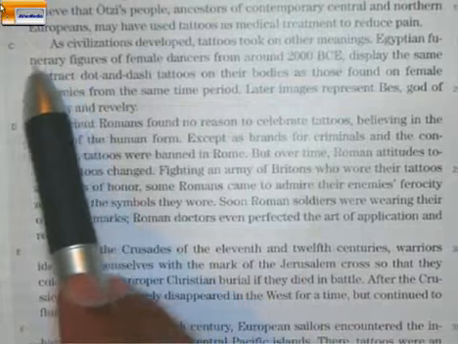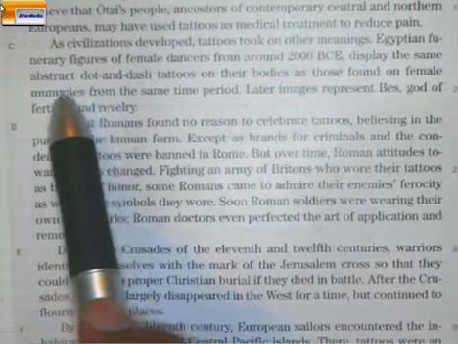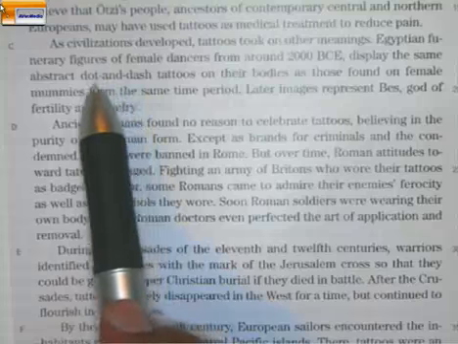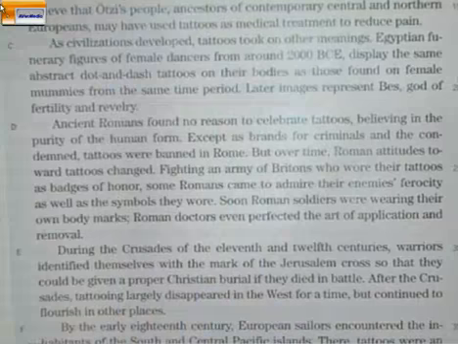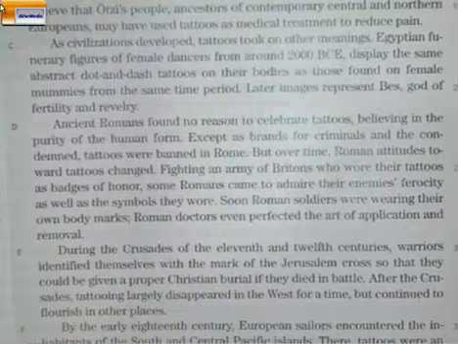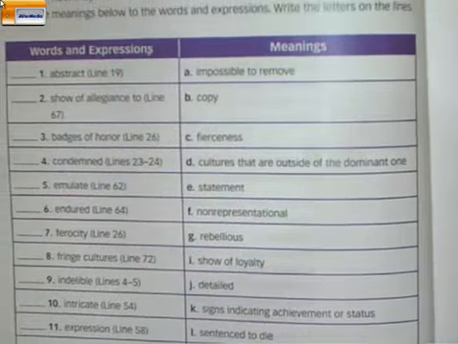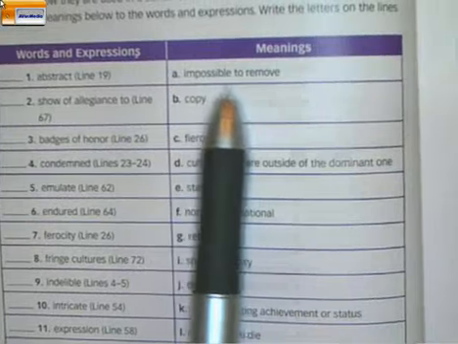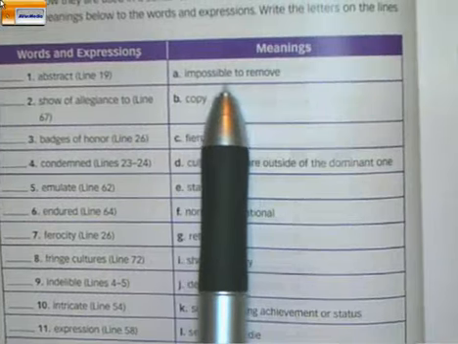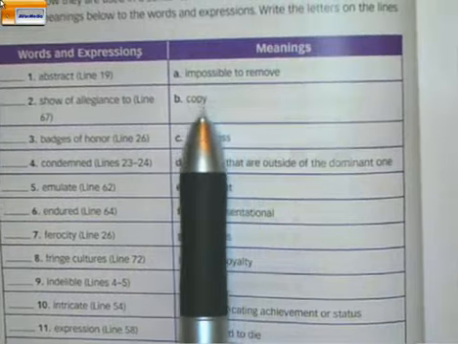So this word abstract is describing the dot and dash tattoos, or giving us more information about the type of tattoos they are. So it's definitely not talking about something impossible to remove, although you could make a wrong guess in choosing that, because tattoos are impossible to remove. Well, nowadays, maybe not so impossible.